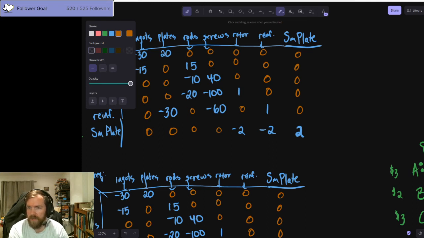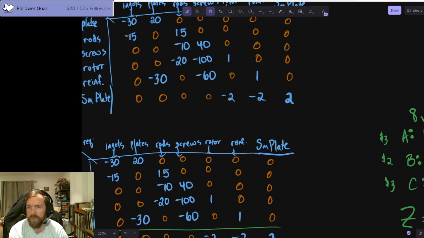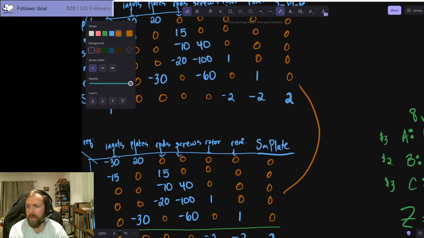Okay, so we need to multiply rows 1, 2, 3, 4, and 5. Rows 4 and 5 need to be multiplied by 2 in order to balance out the appropriate terms.